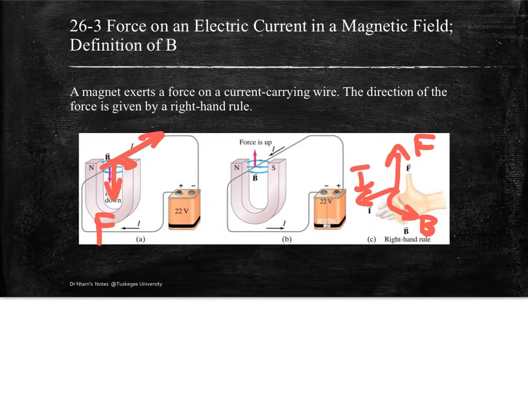In the second case, current is coming this way, so you place your fingers in the direction of I, and then bend your fingers in the direction of the magnetic field, and your thumb will be pointing up, indicating that the force is up.